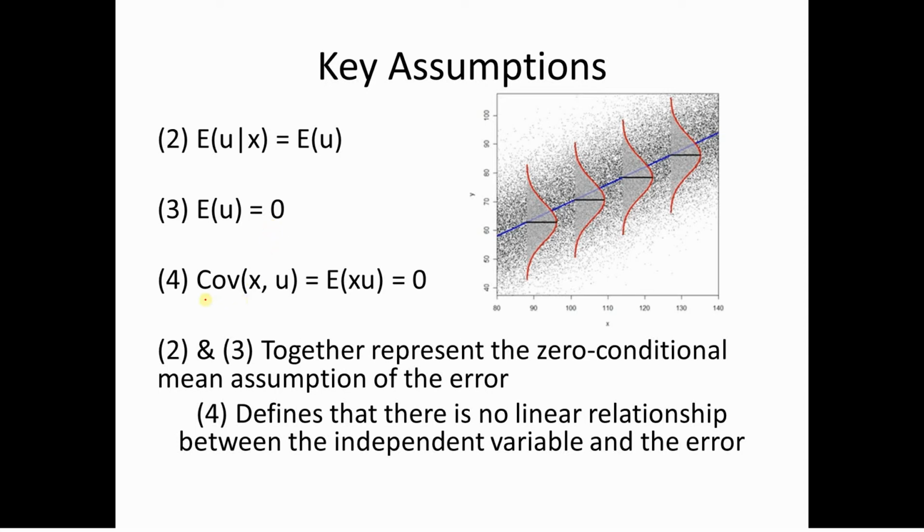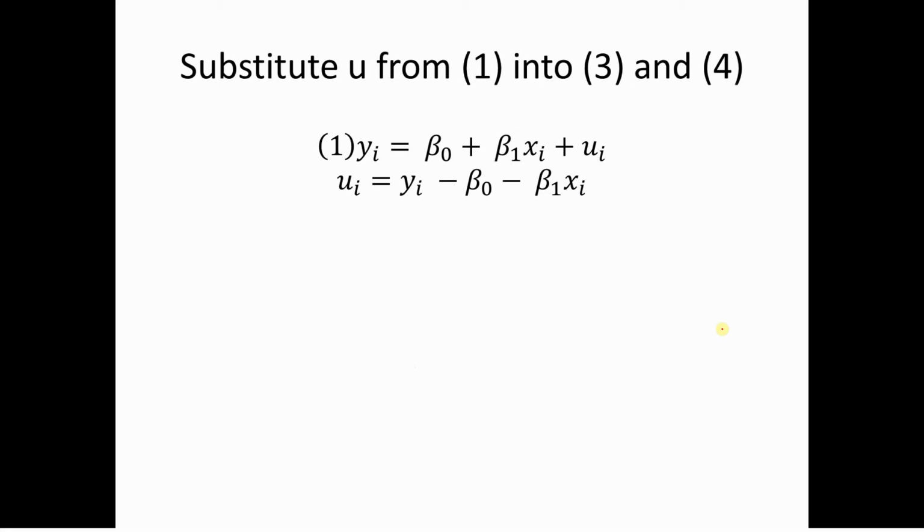One of our last assumptions is that the covariance between our independent variable and the error term is 0. You can see this in this graph. As x increases, the distribution of our error term does not change at all. So there's no relationship between u and x, as evidenced in this graph.